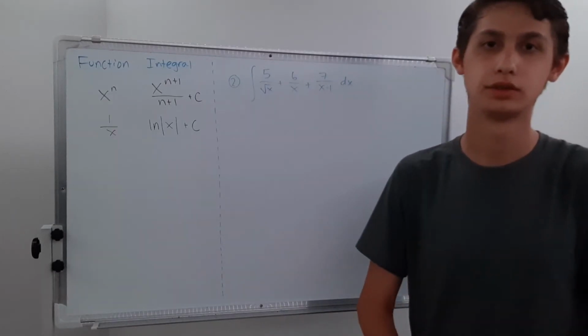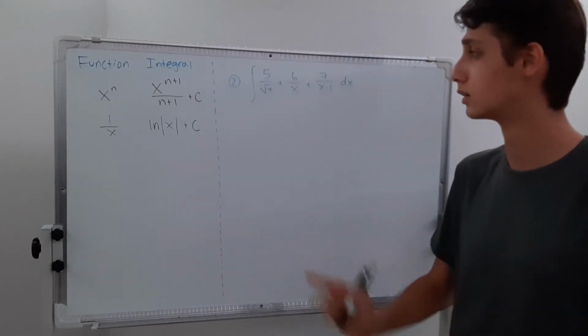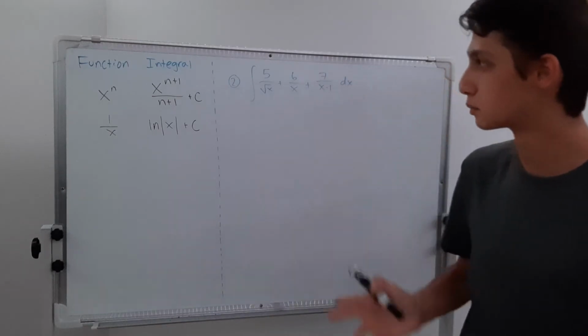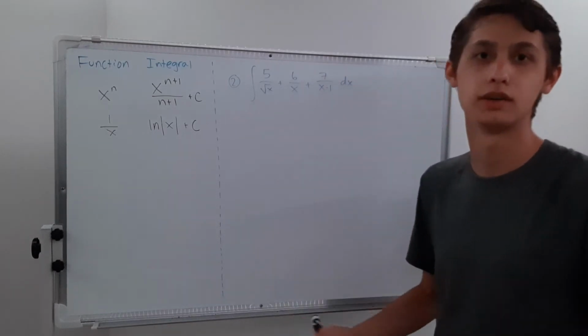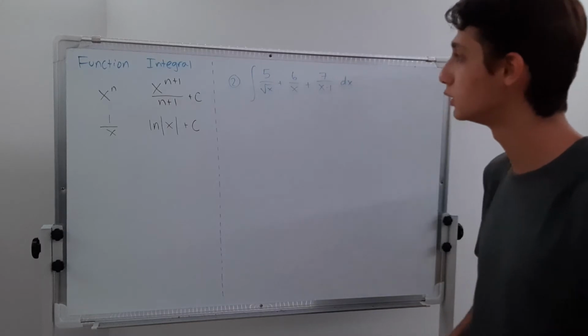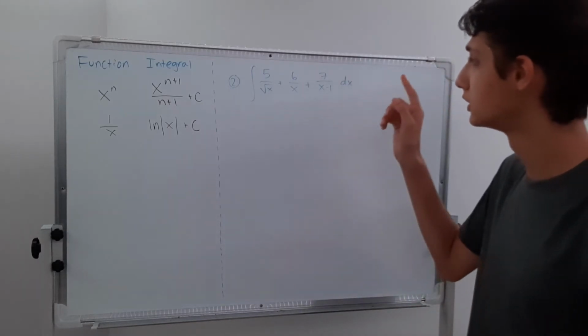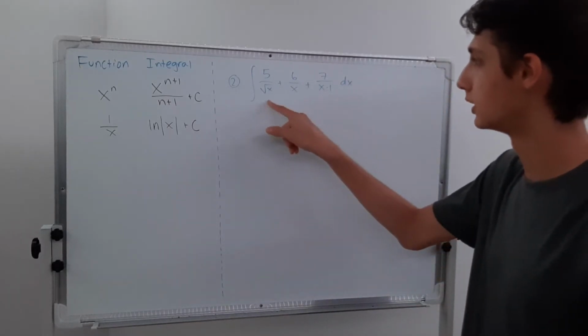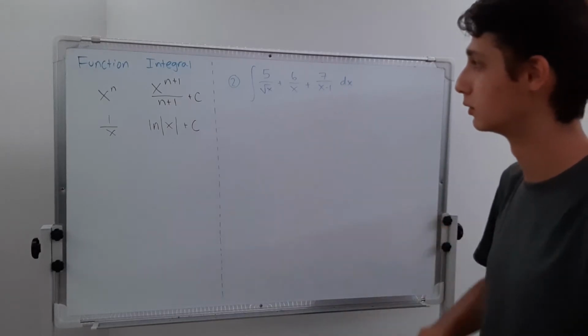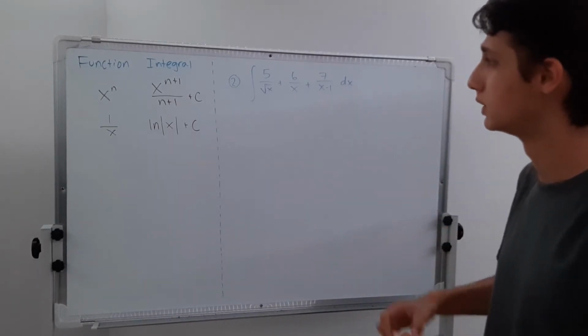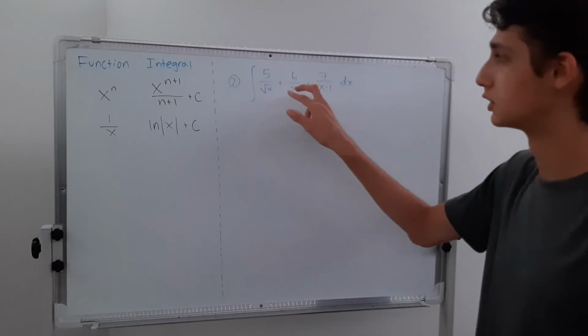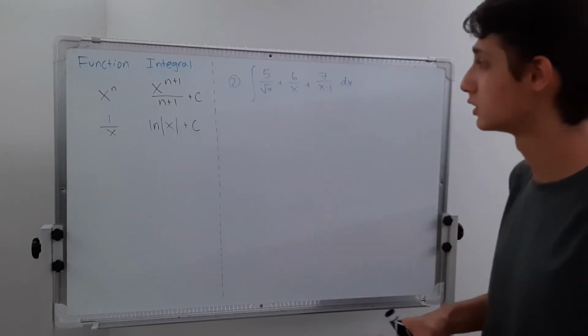So now I'm going to introduce some new ideas here. I have this crazy expression, and we're going to try to find its integral. The first thing you can think of is you can just separate each of these terms into their own respective integrals, because you're doing each term individually, so you can just break it up.